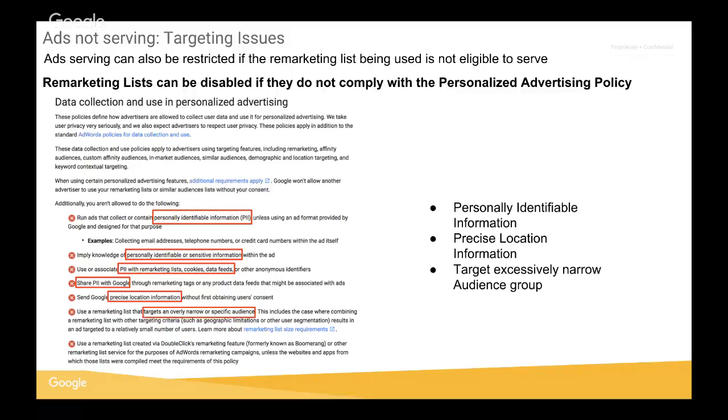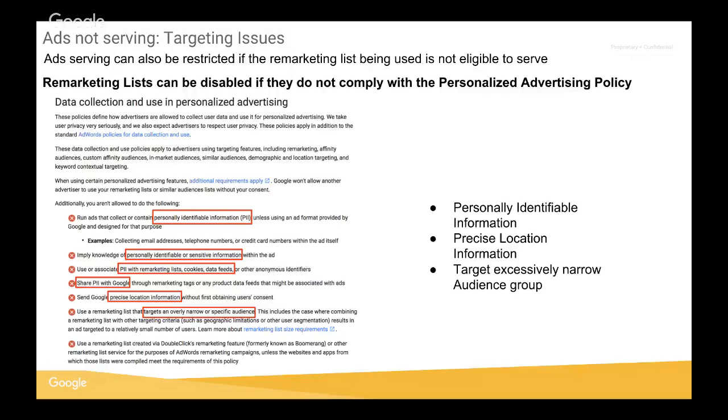Two, precise location information. Three, overly narrow targets. So remarketing lists, as you understand, use information of user behavior to target ads to them. Now, we have policies that don't allow the use of user behavior and user information for certain kinds of things. One of the most basic things is, for example, healthcare related products.